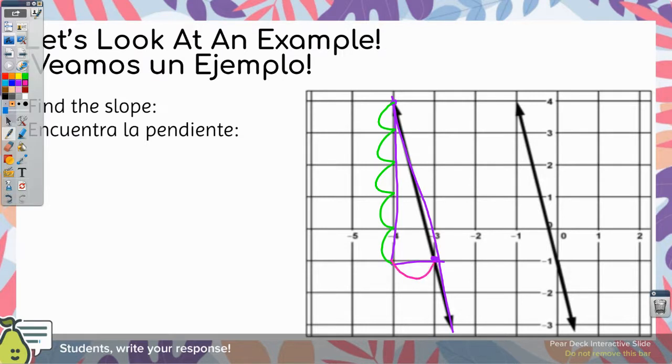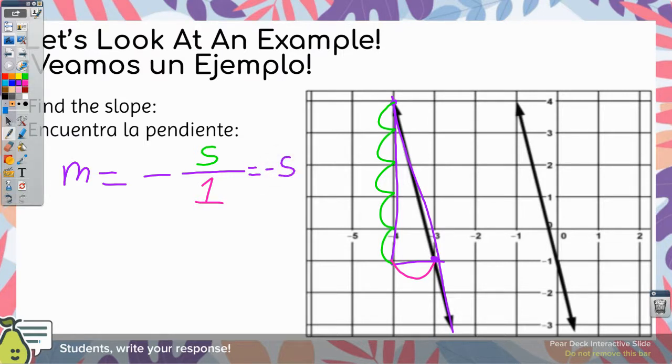My run is 1. So if I find my slope, we do rise over run, and careful, it's going down, so it's negative. My rise is 5. My run is 1, which means my final answer is -5.